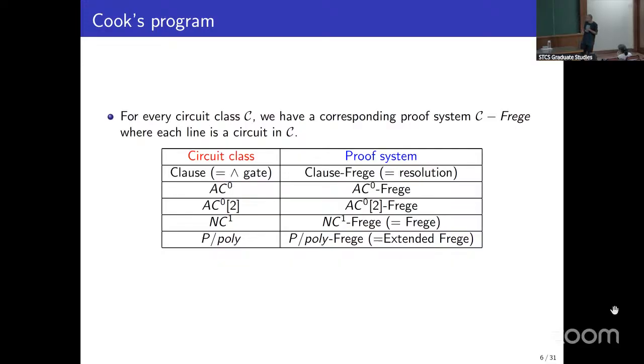So resolution would be clause Frege. Similarly, for AC0, we have the corresponding proof system AC0 Frege, where every proof line is a constant depth circuit. And similarly, we have AC0[2] Frege. For NC1, that's formulas, we have NC1 Frege, which is also known as just Frege. And for P/poly, we have P/poly Frege, which is also known as extended Frege.